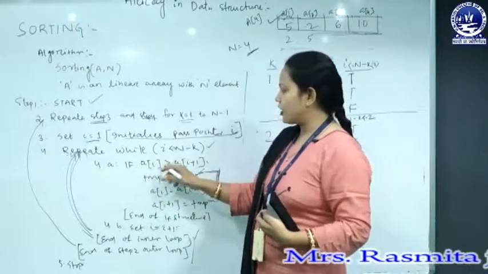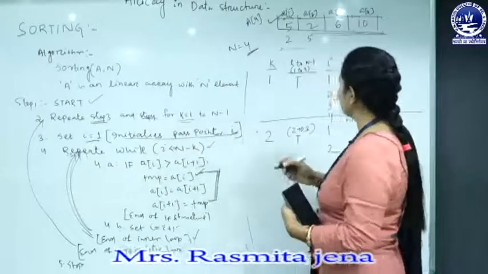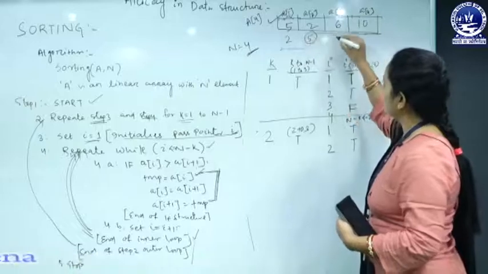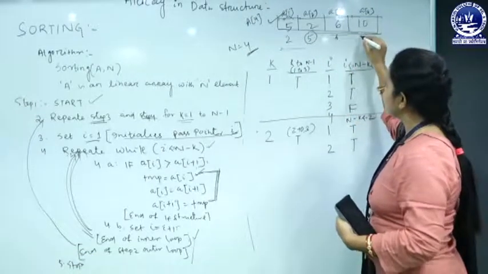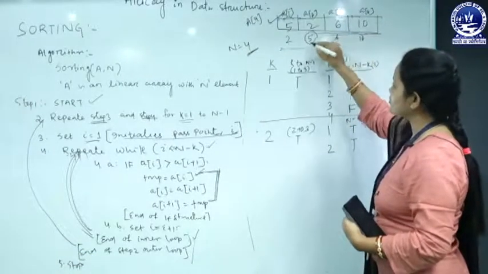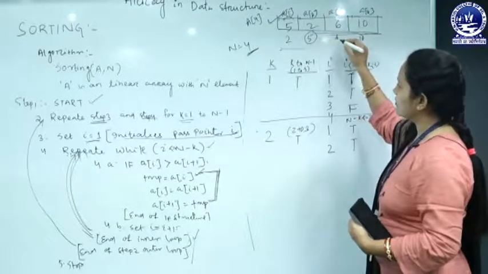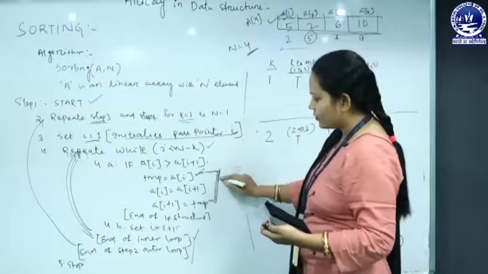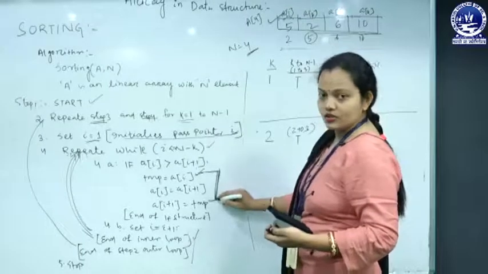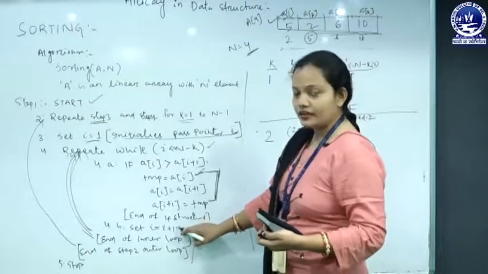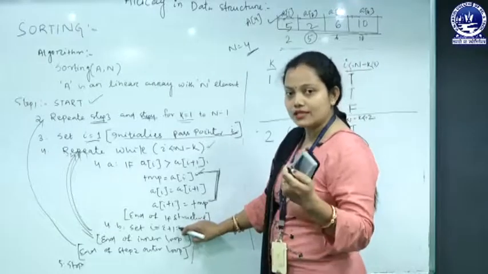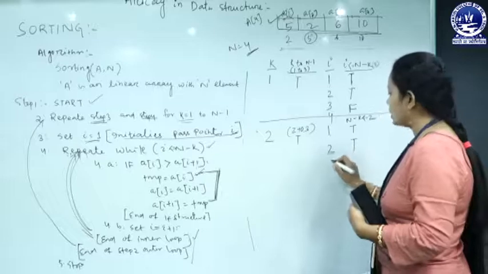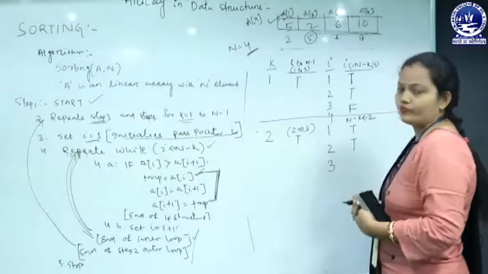So if A of I is greater than A of I plus 1, we will compare A of 2 location data with A of 3 location, that is 5 with 6. So 5 greater than 6, the condition is false. As this condition is false, we will not execute the swap. So now we will increment I, I equals to I plus 1, so I becomes 3.